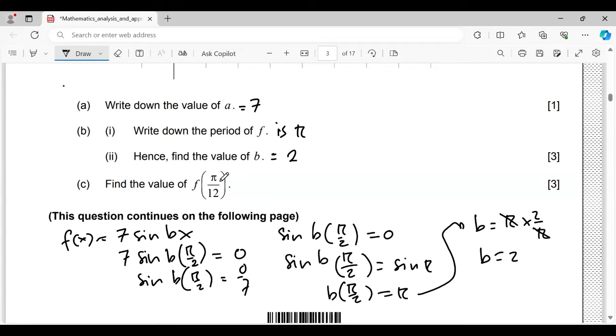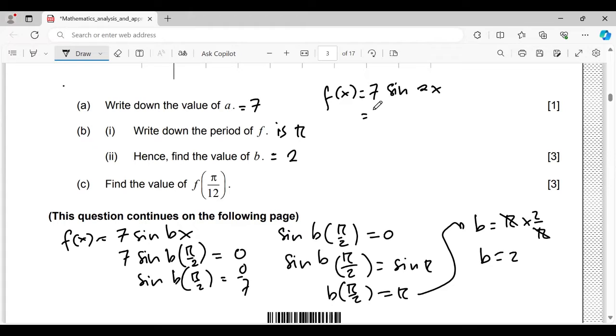Now find the value of f(pi over 12). f(x) equals 7 sine 2x.